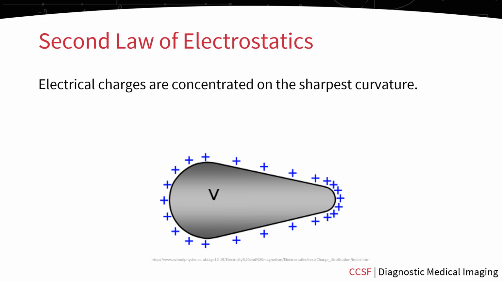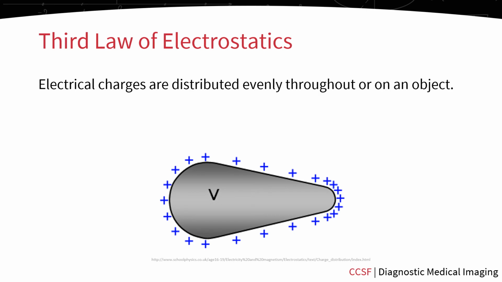For example, on a taser gun, the very tip of the point of the taser gun will have the highest concentration of electrical charges. The third law of electrostatics states that electrical charges are distributed evenly throughout or on an object, unless there is a curve to the object, and the electrons will concentrate on the tip of that curve.